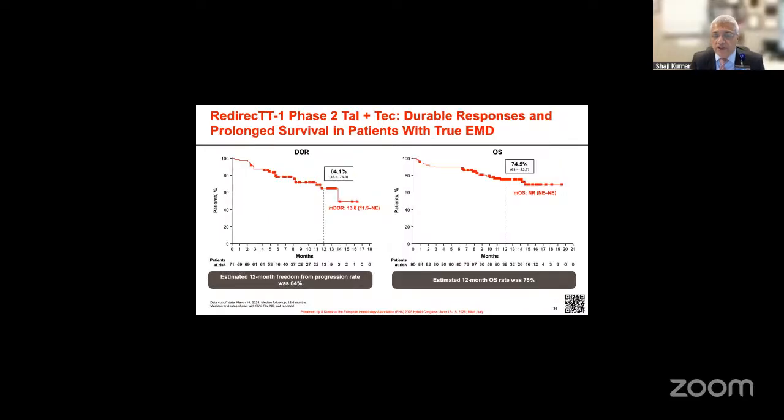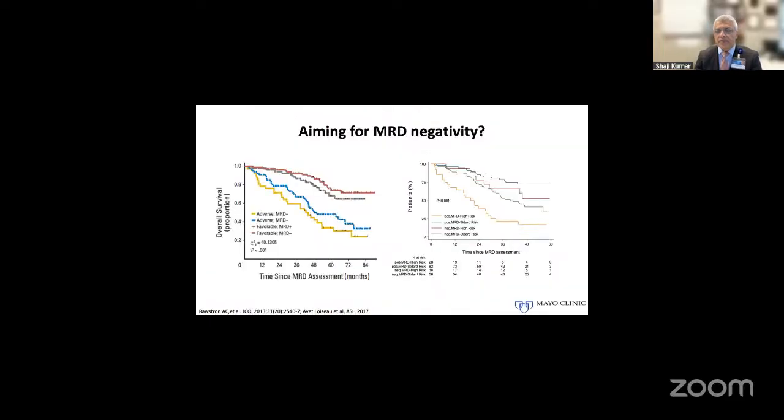And we know that at least 2/3 of these patients remained free of progression a year from start of treatment, which was obviously rather uncommon in patients with extramedullary disease. So here's another approach to taking a disease characteristic and applying a treatment that is unique to that strata or group of patients.